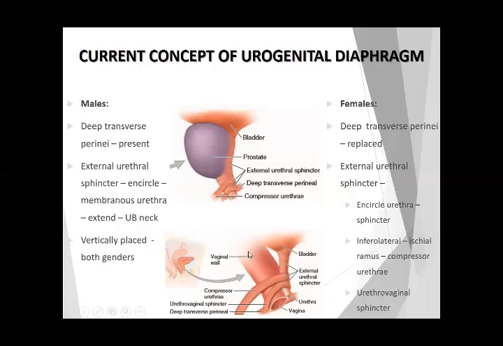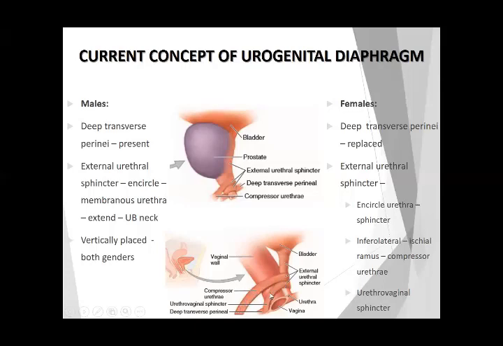Females में क्या है? This is the wall of the vagina, and this is the urethra. So it is encircling the urethra, and then you have a few fibers that go and get attached to the ischial ramus of the ischium. These fibers are called compressor urethrae. Okay?